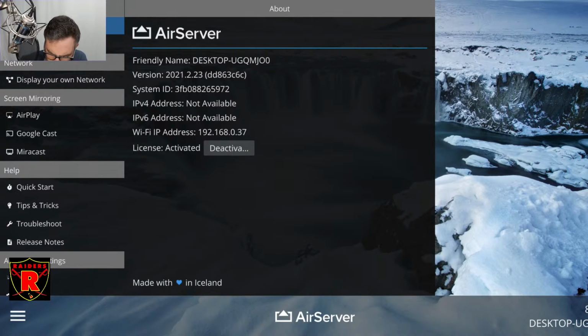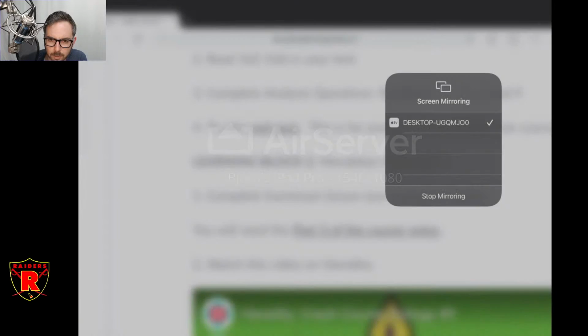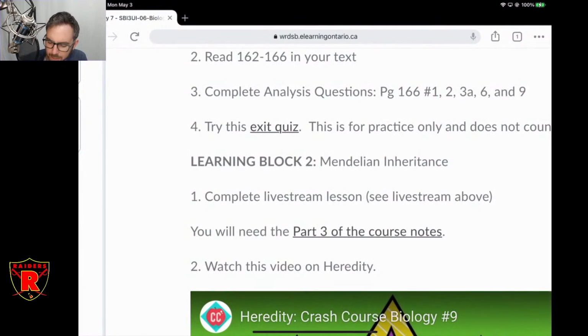I don't know what's going on. Okay, now let's try it. I wonder if this will work better. I'm going to try it this way. Oh, it is working now, which is a good start. Okay.